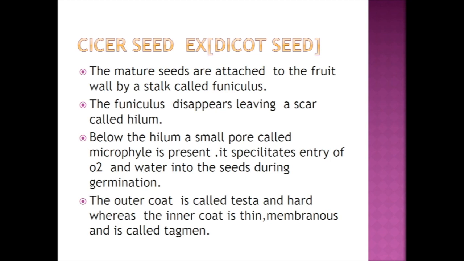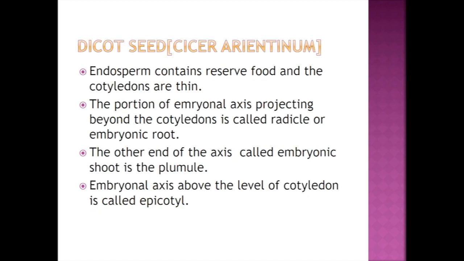Next one, the dicot seed. The reserve food is in the cotyledons, which are thick. The portion of the embryonal axis projecting beyond the cotyledons is called the radicle or embryonic root. So what is called the embryonic root?